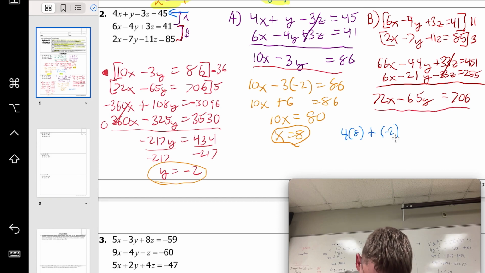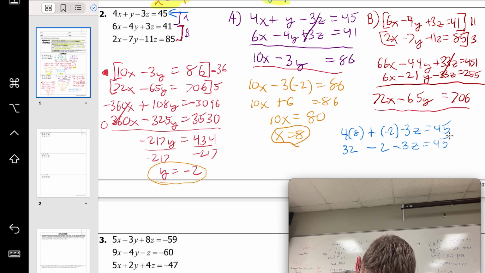Negative 2, minus 3z, since we're solving for z, equals 45. Okay, so 4 times 8 is 32, minus 2, minus 3z equals 45.